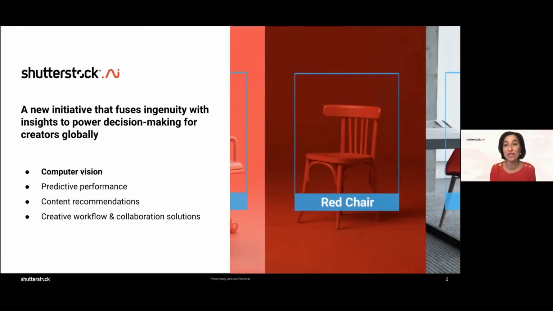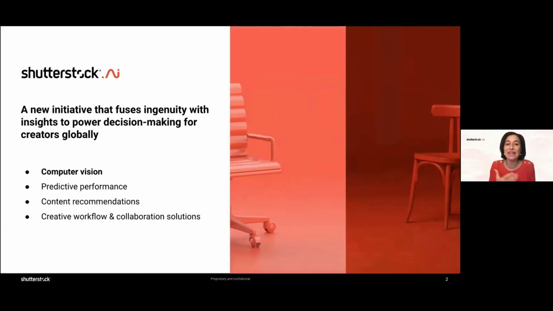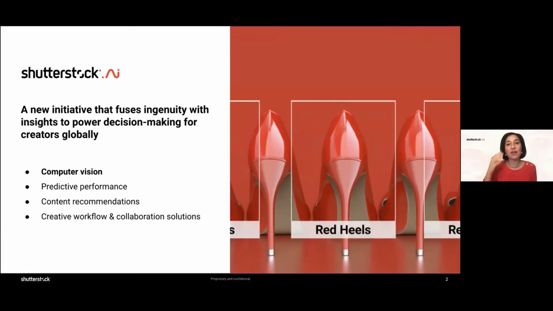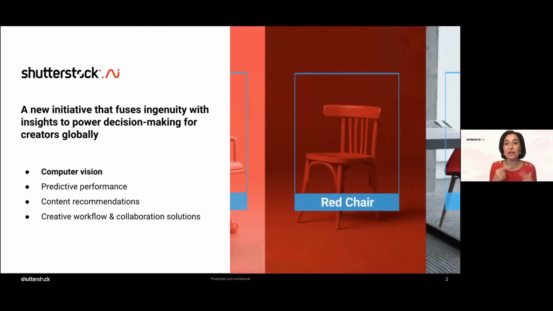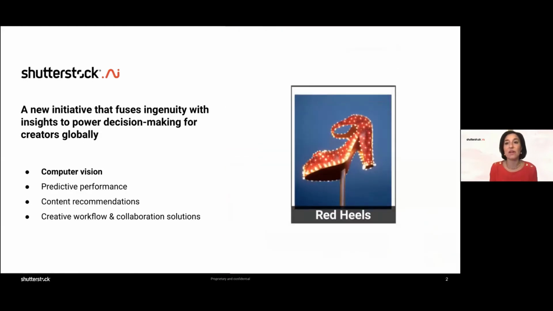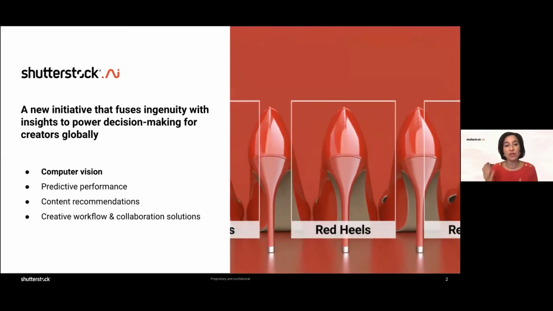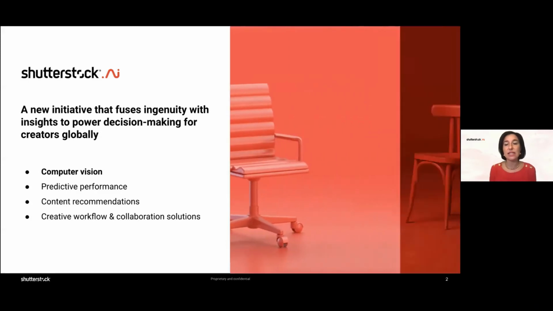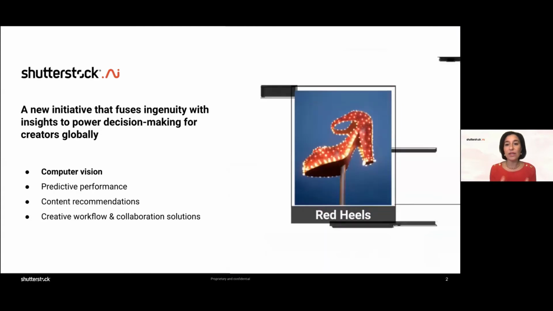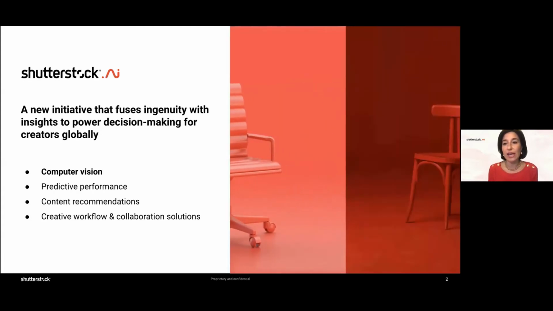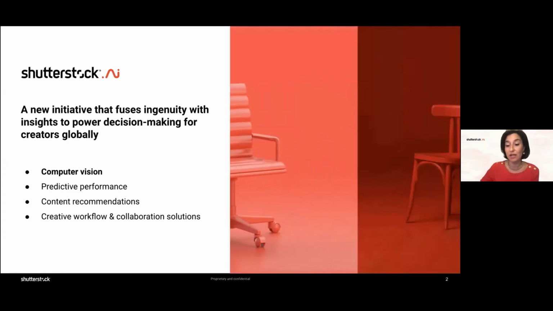We have brought in 3 startups, because a way to accelerate your journey to AI is also very much around buying some interesting assets that can accelerate your time to market on specific offerings. Computer vision, together with predictive performance, recommendation system, and creative workflow, is a key offer within our Shutterstock AI ecosystem. And today I'll be focusing on computer vision in particular.